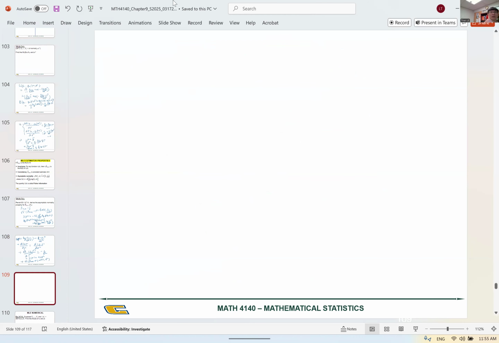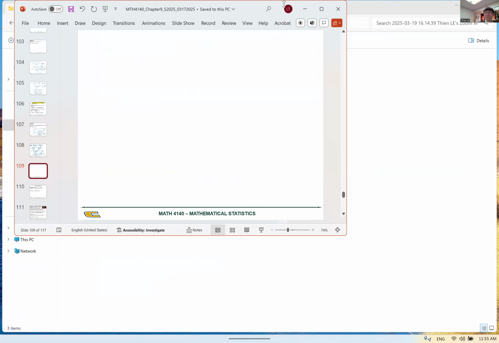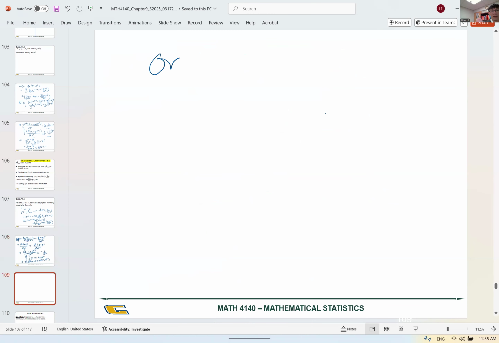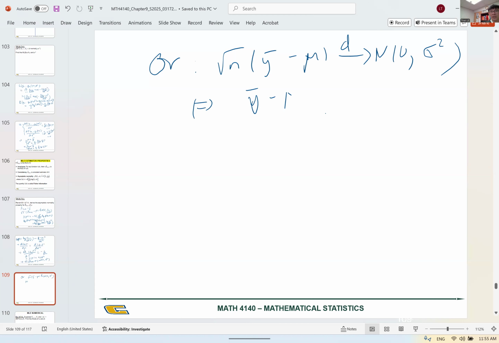So y bar minus mu converges in distribution to a normal, and you can also write it in this fashion.